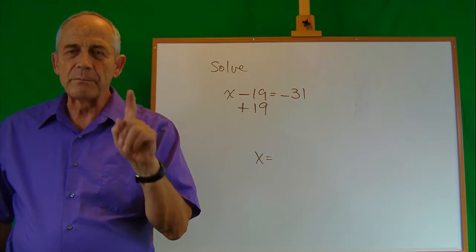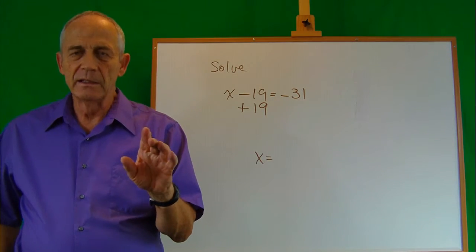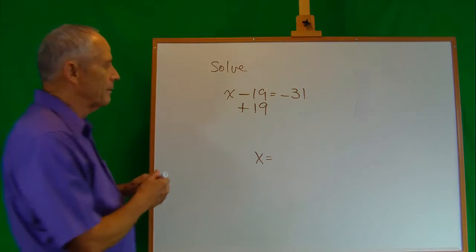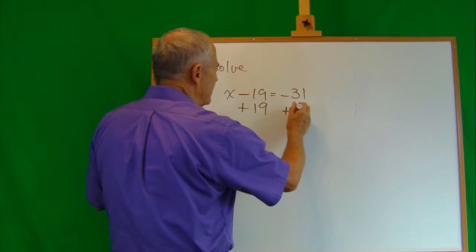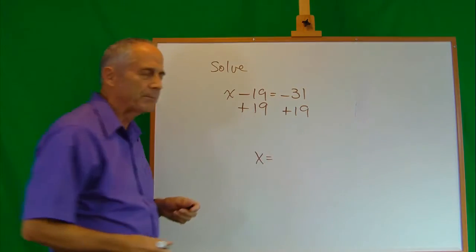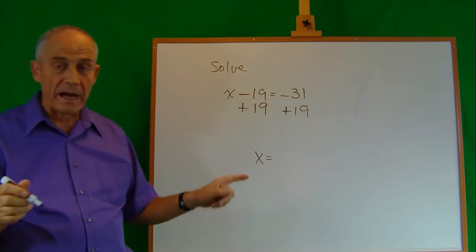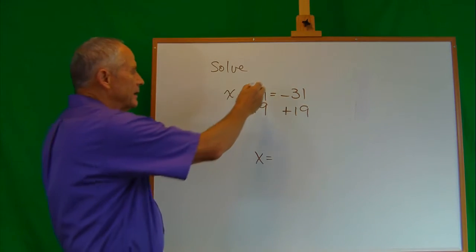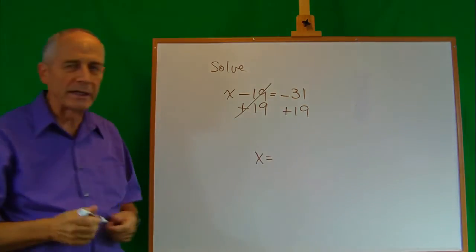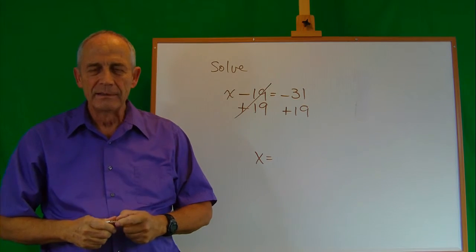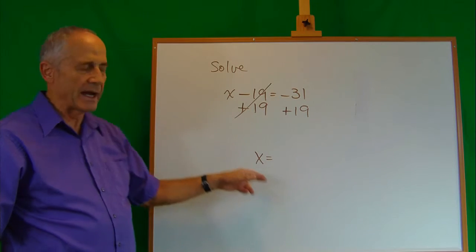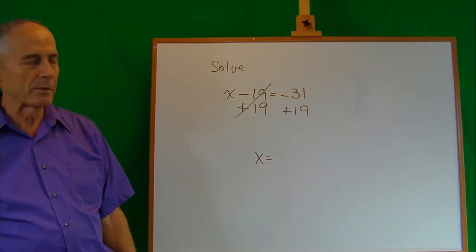But the principle of balance tells me if I add the 19 here, then I'm going to have to add the 19 over here. Notice, minus 19, add 19, they cancel each other out, because it's gone. That leaves the x by itself, what I want it to be.